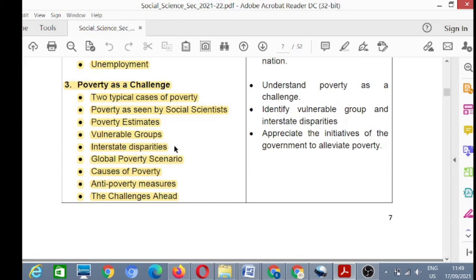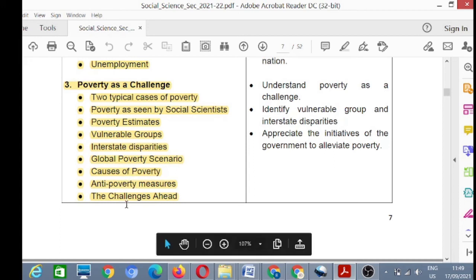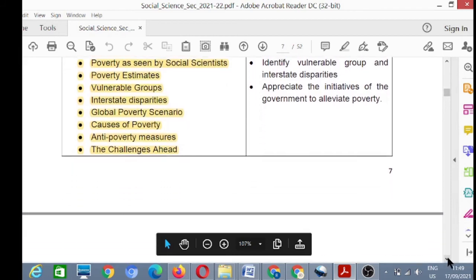One state is poor as compared to another state. Then the global poverty scenario. Then causes of poverty. Then anti-poverty measures, and the last one is the challenges ahead. What are the future plans? So these are topics related to poverty.